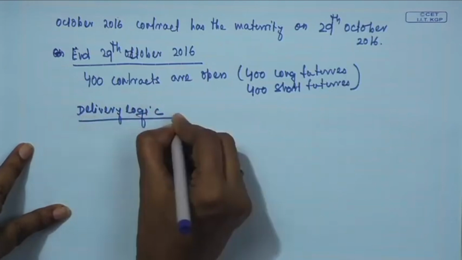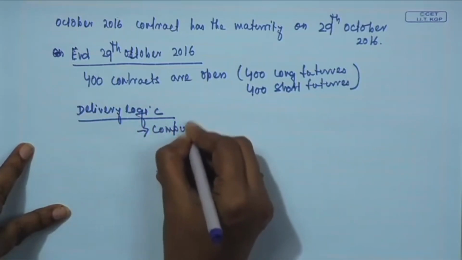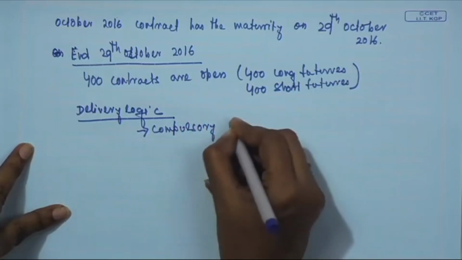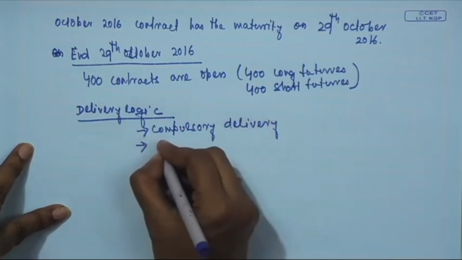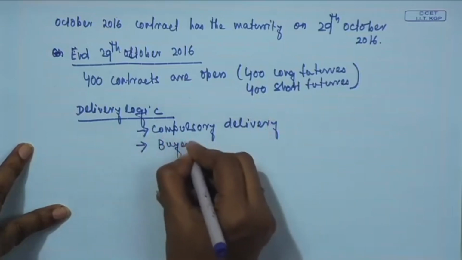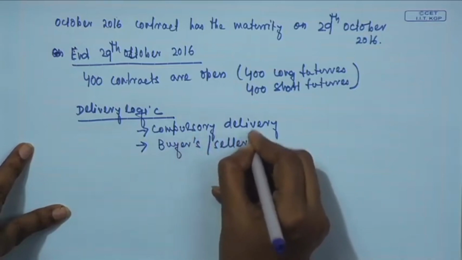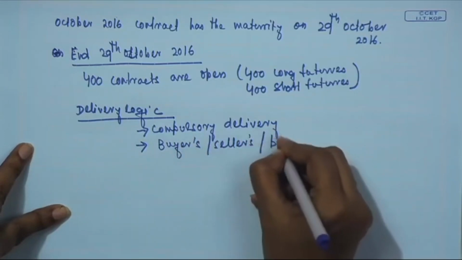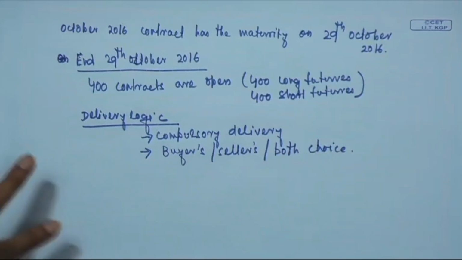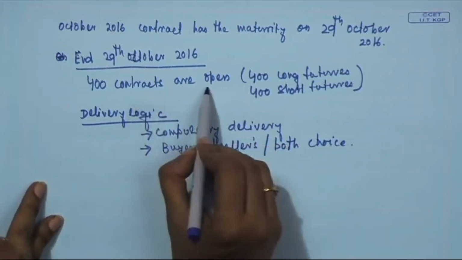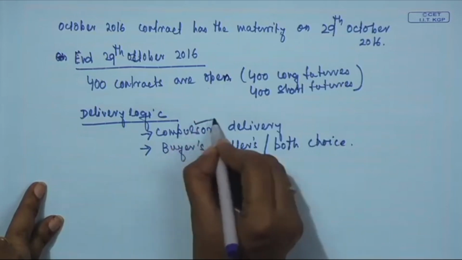You can have compulsory delivery, buyer's choice, seller's choice, or both choice. Let us understand what will happen if 400 contracts are open on the last day, the contract expiry date.